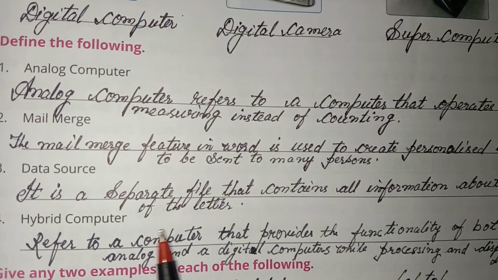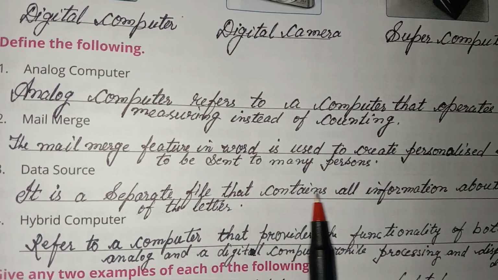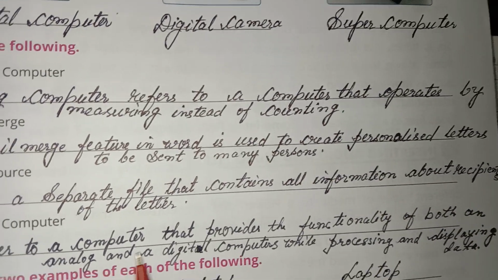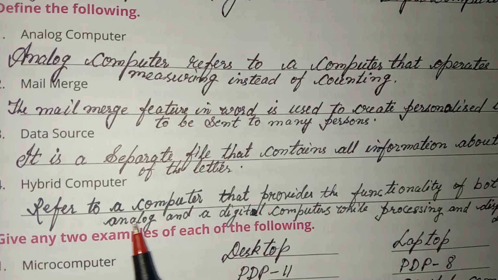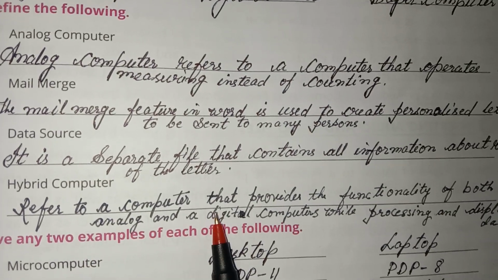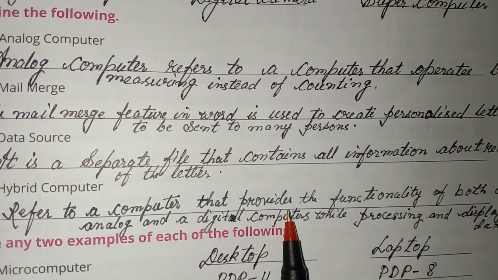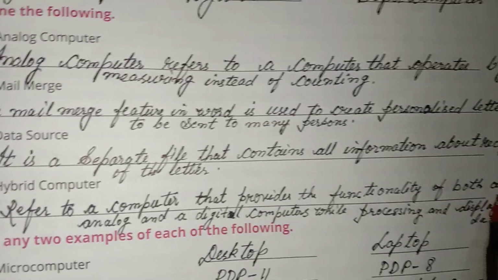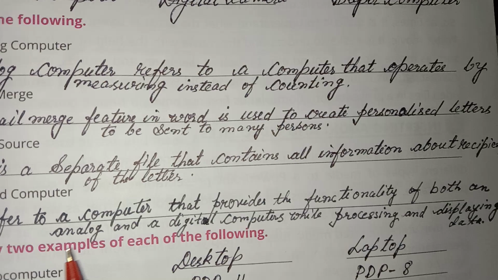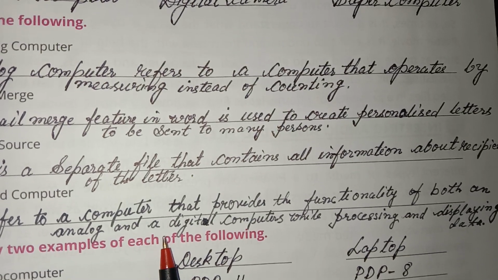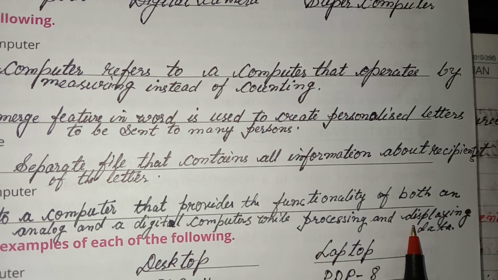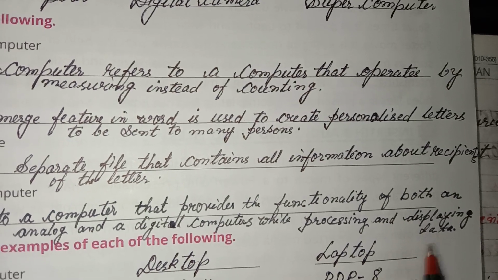Data source. It is a separate file that contains all information about recipients of the letters. Hybrid computer refers to a computer that provides the functionality of both analog and digital computers while processing and displaying data.